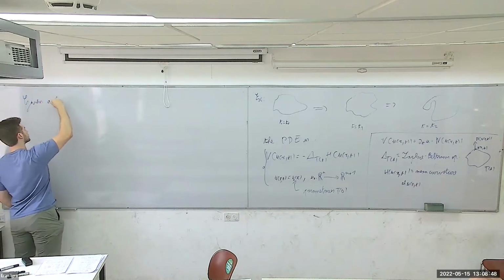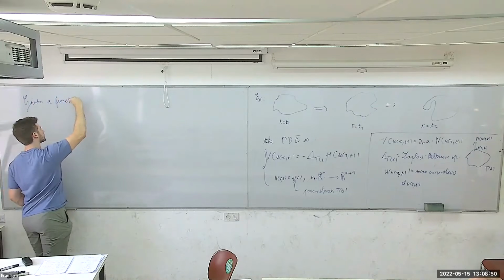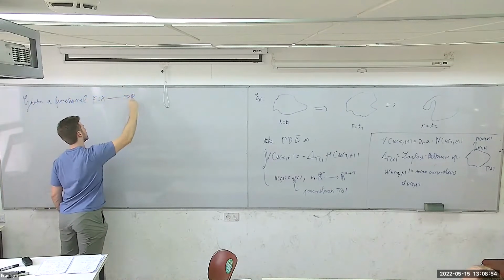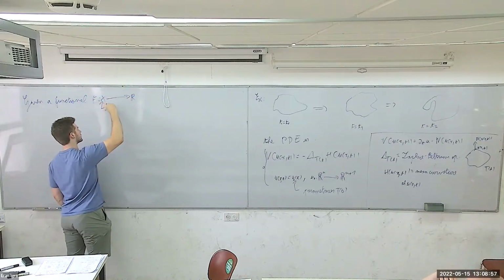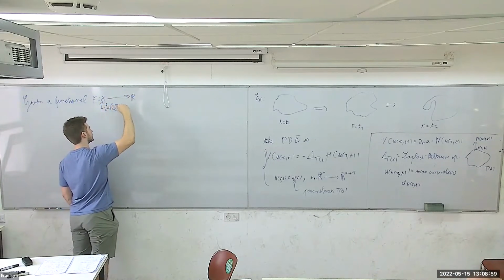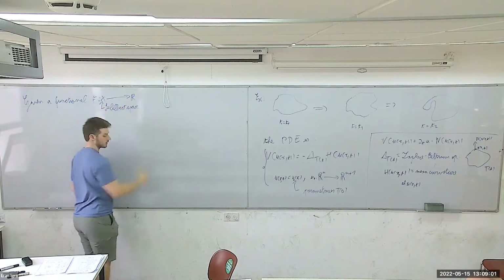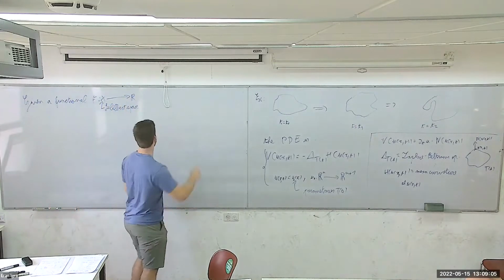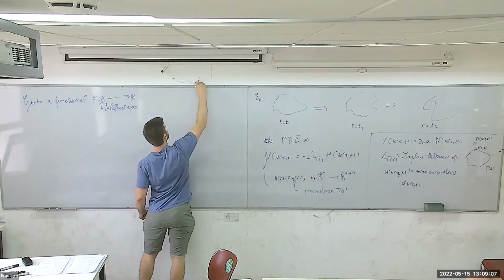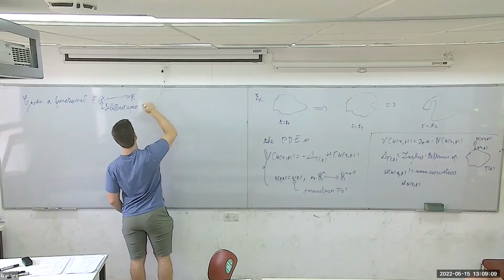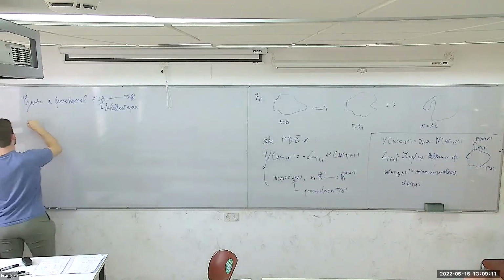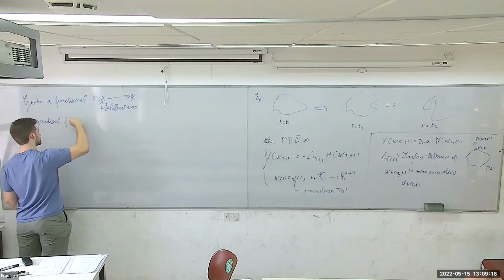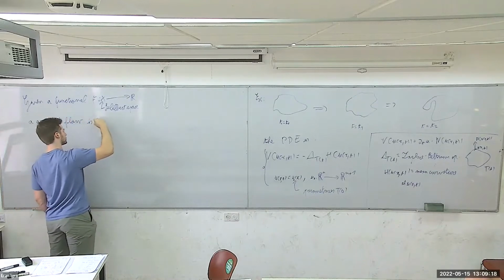Given the functional f from X to R, where X is a Hilbert space, the gradient flow is the following equation.